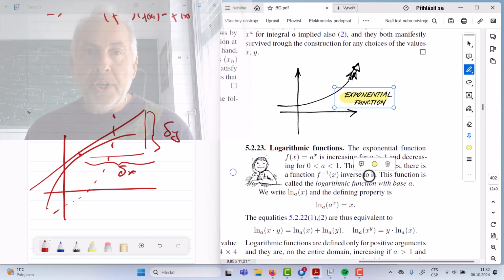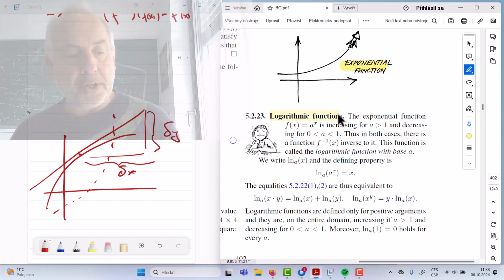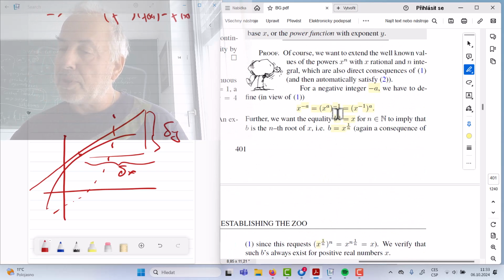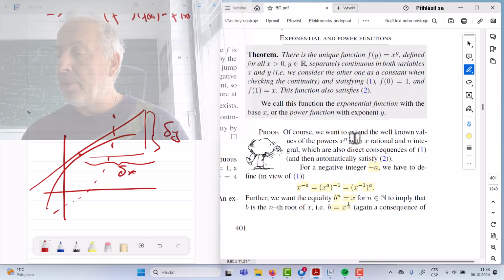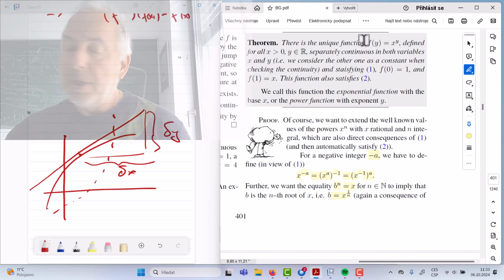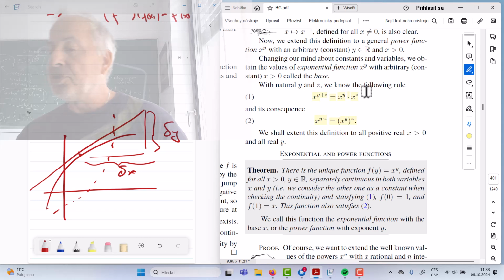And the inverse function to that, because it's always either increasing or decreasing, so there is the inverse, and that's called a logarithmic function, right? And here through the construction, the property we started with and we used for the definitions survives the suprema, and therefore just adding the continuity assumption to this property 1 ensures that our power function and exponential functions will exist, they will be the unique ones, and they will obey these properties.